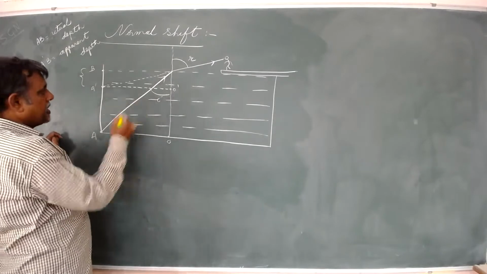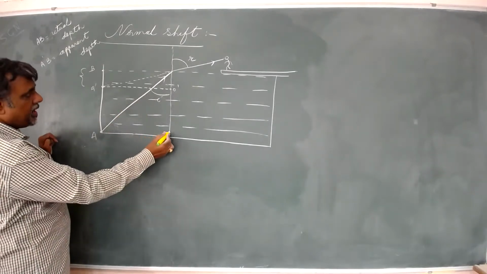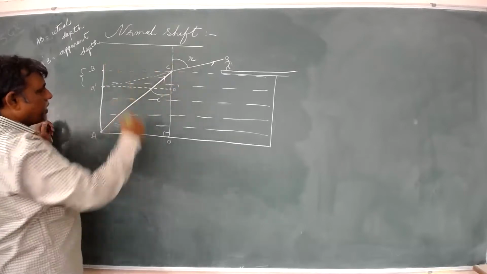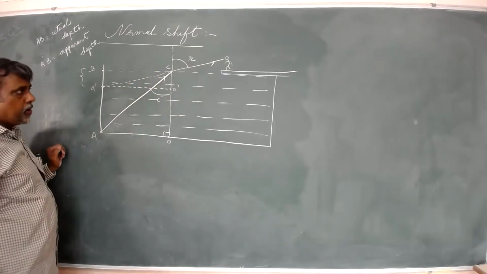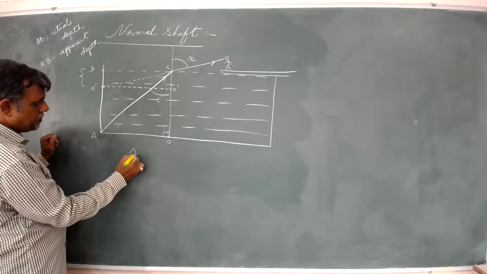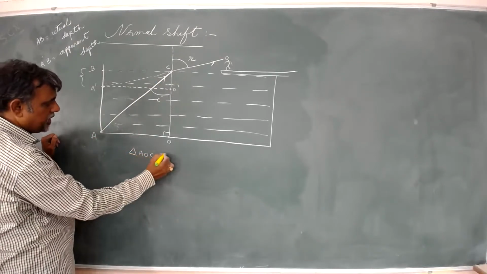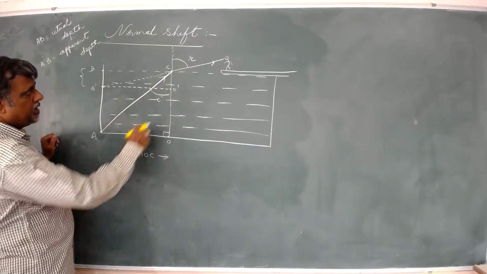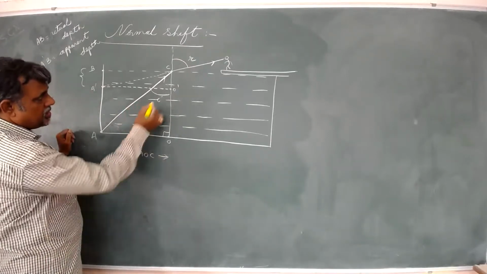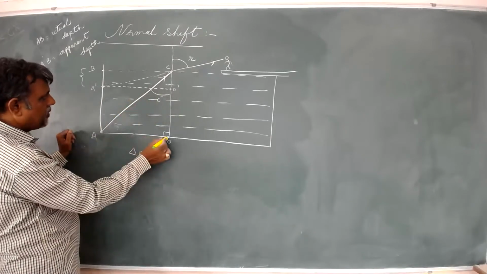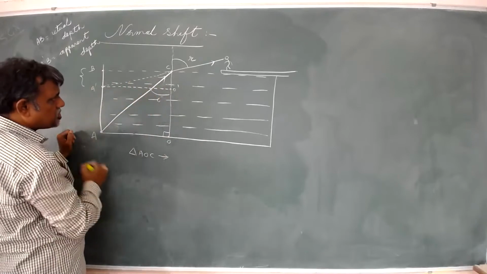Okay, now look at this here. There is a triangle over here. So this is O dash and this is C. Now look at the triangle AOC. In the triangle AOC, this is angle I. This is AO and this is A dash O dash.